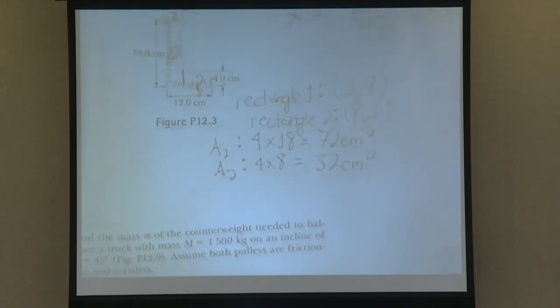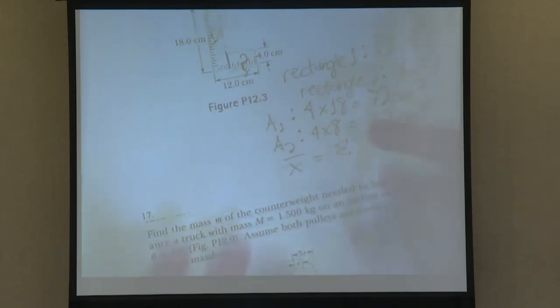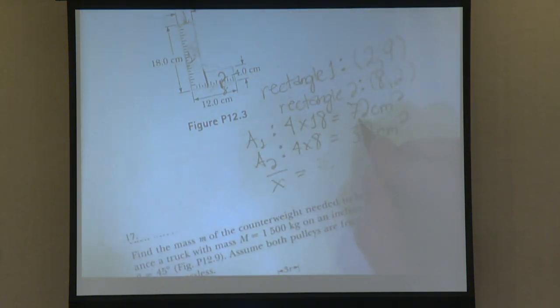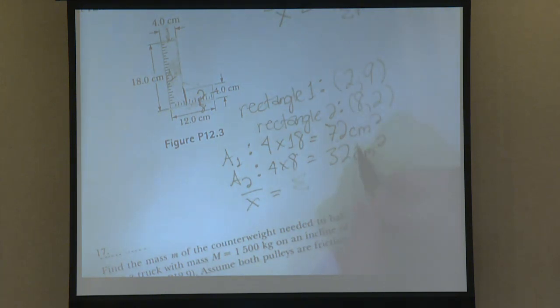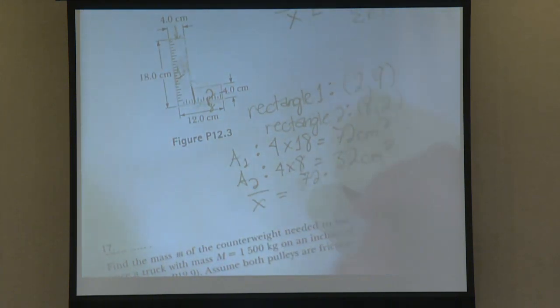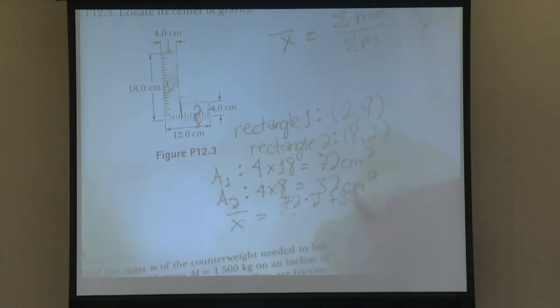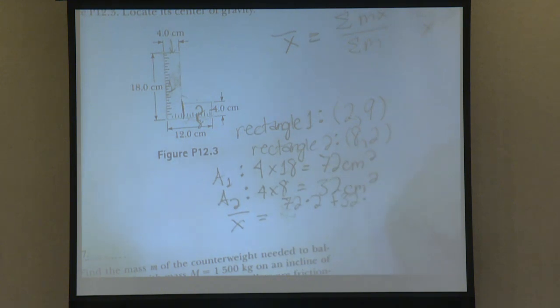So when we look at this in terms of the formula, our x value is going to be, well, I guess we don't need the delta. So it's this formula that we're using. For rectangle 1, we're going to use the area, which is 72, times the x coordinate, which is 2, plus 32, which is the area of the second rectangle, times the x coordinate, which is 8.